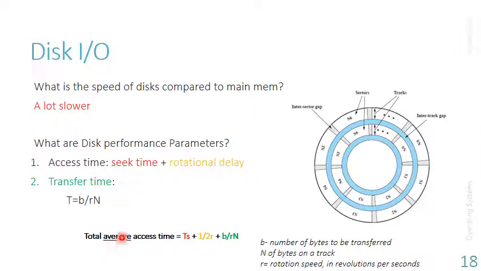On average, we may need a full revolution if we're in here and we need something here, or a short move if it's something there. So the average total access time is Ts plus 1/2r, the rotational delay, because again we could be on this side or that side, so it's a 50-50 chance. So on average it's 1/2, and then the transfer time that we need.